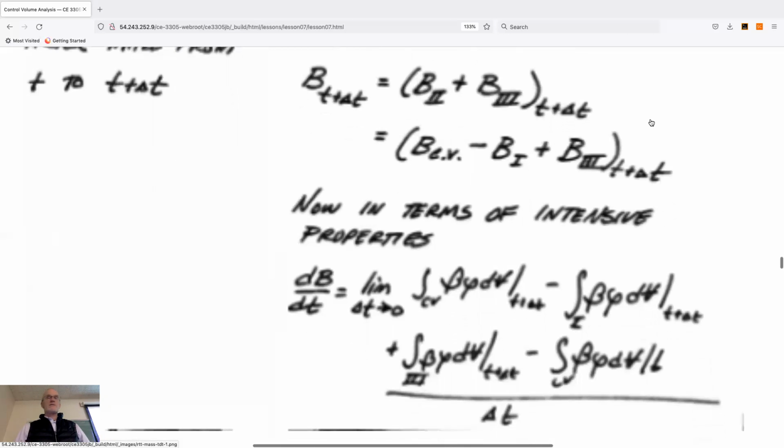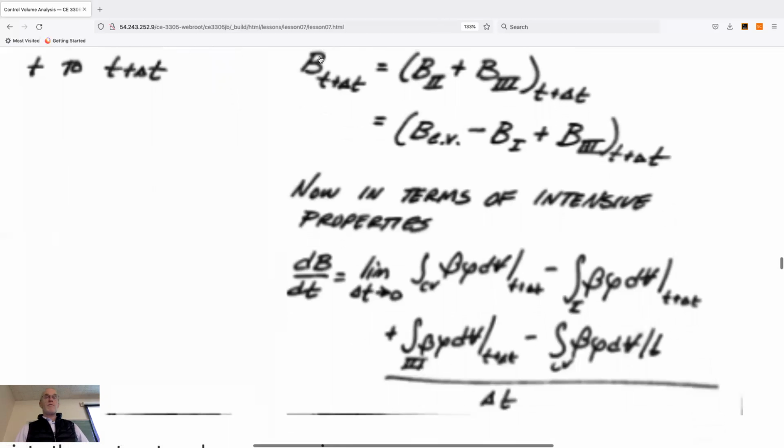If we express that in terms of intensive properties, so now we'll apply the system to integral transformation.